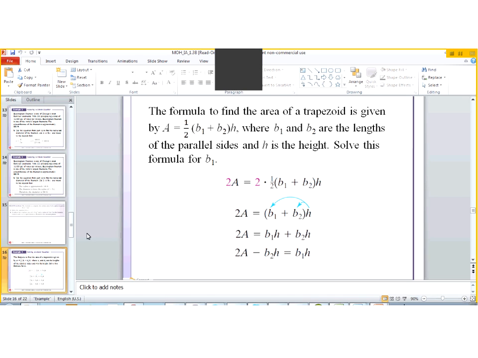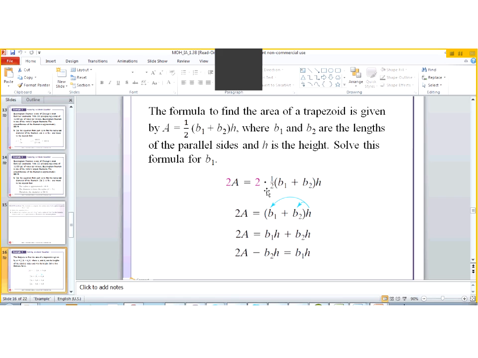If there's a formula, we want to find the area of a trapezoid is given by A is equal to 1/2 (B1 plus B2) times H, where B1 and B2 are the length of the parallel sides and H is the height. We want to solve the formula for B1. You need to eliminate anything attached to B1. The first thing I can see attached to B1 is 1/2.